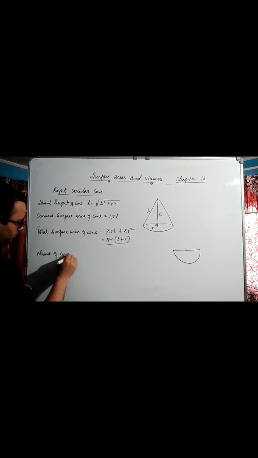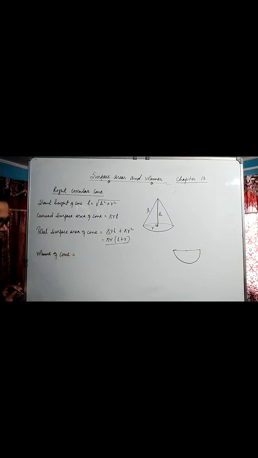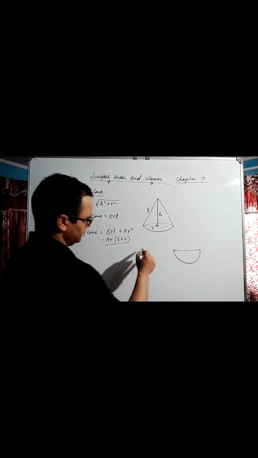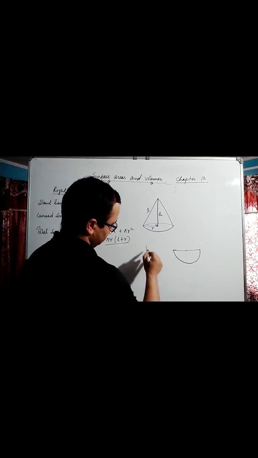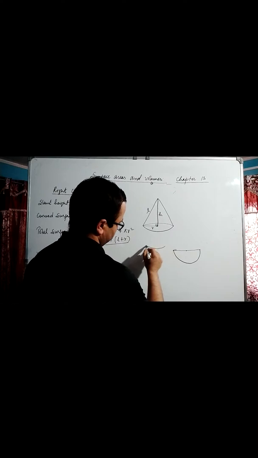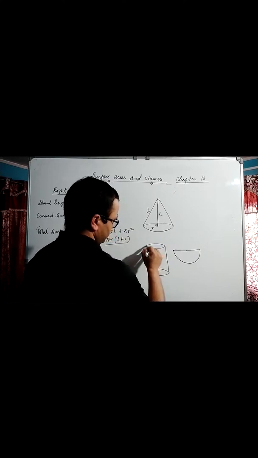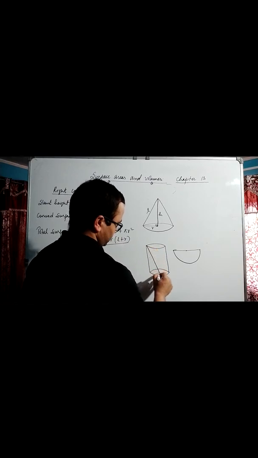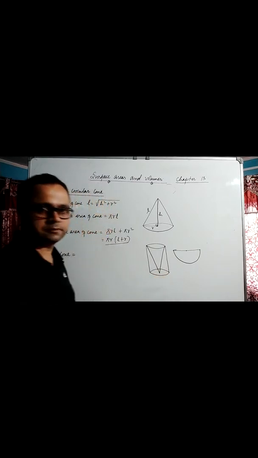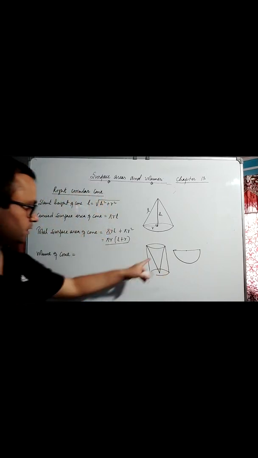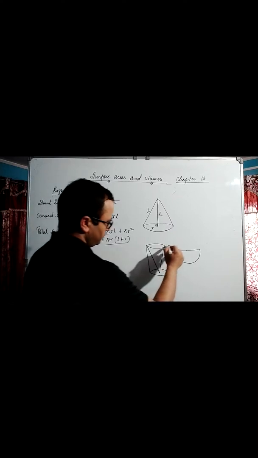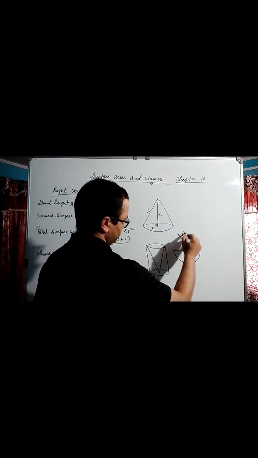Volume of cone equals to, if you cut this cylinder, so what is the volume of cylinder? It is pi r square h.